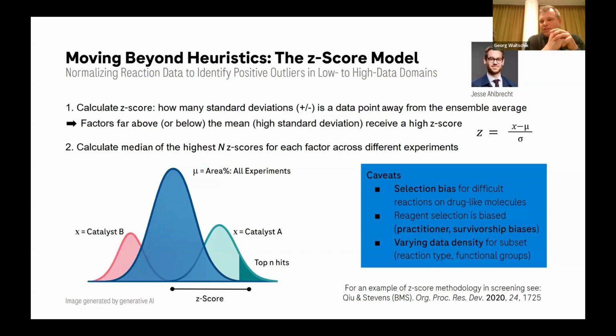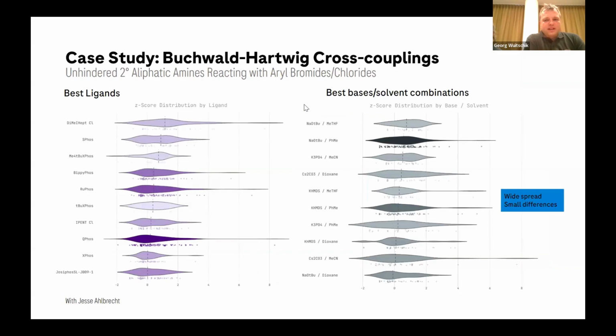If one project decides to swamp us with 20 molecules that all look very similar, this will bias the whole distribution in the database and will lead us to choose catalysts or bases in the future that work well on this subset of molecules. So you really have to be careful with that. But in the end, this is what we can work with, and we try to make the best out of it. And here's a little case study.